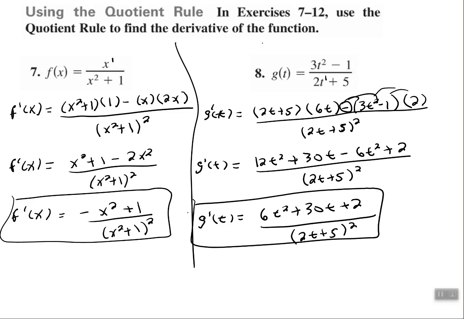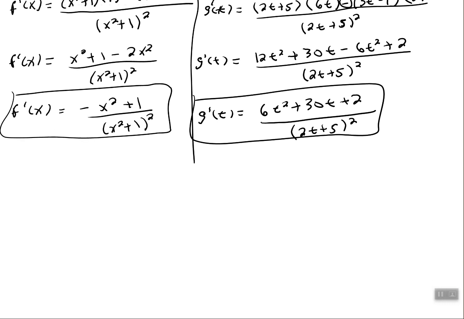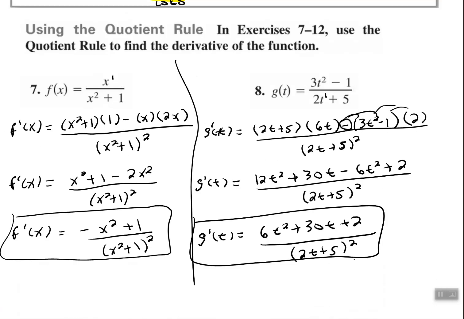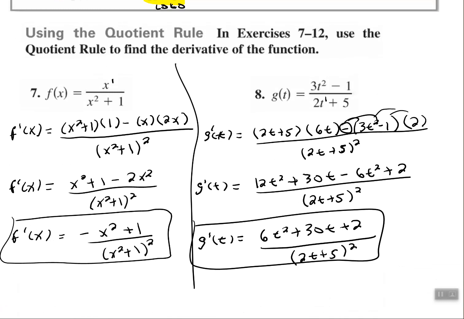And we could factor out a 2, but again, that won't do us any good, so we'll just leave it there. You may want to pause it there if you need to write that down.